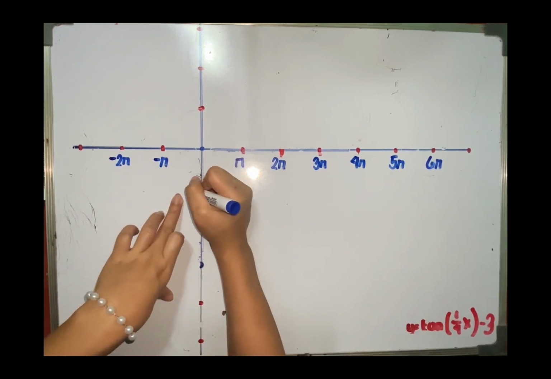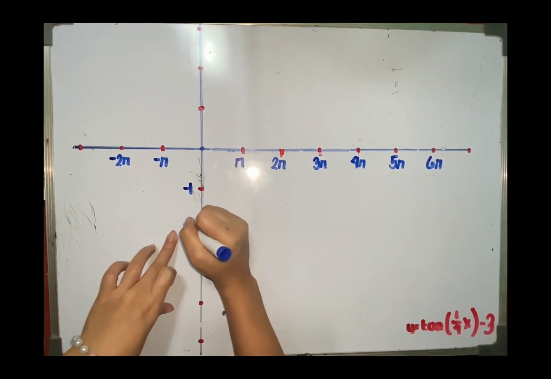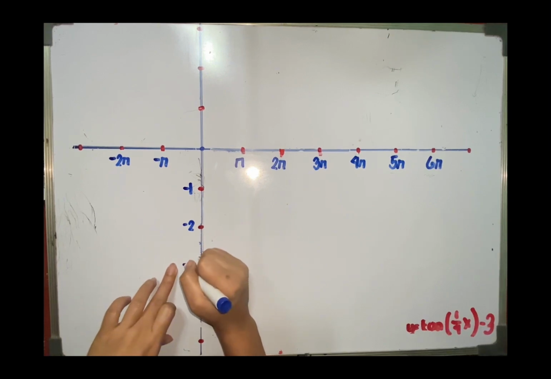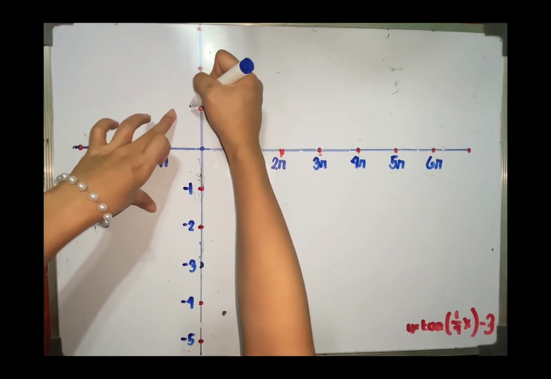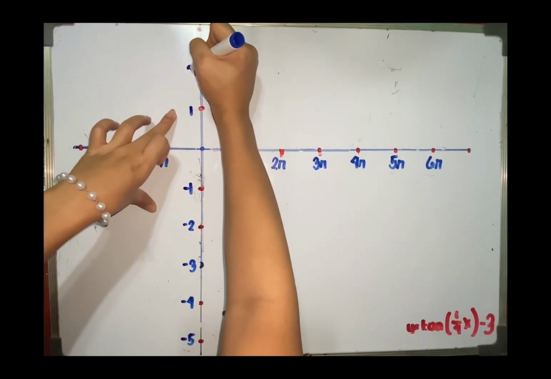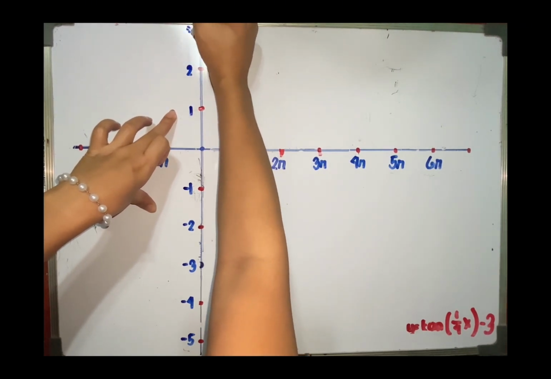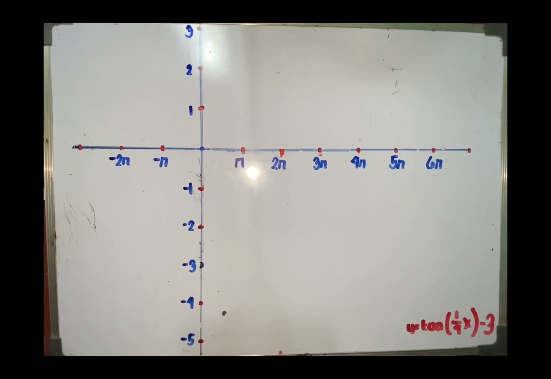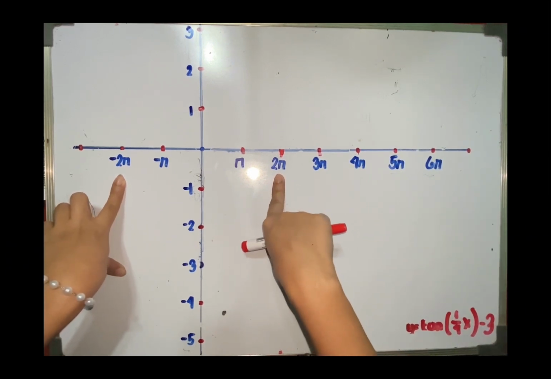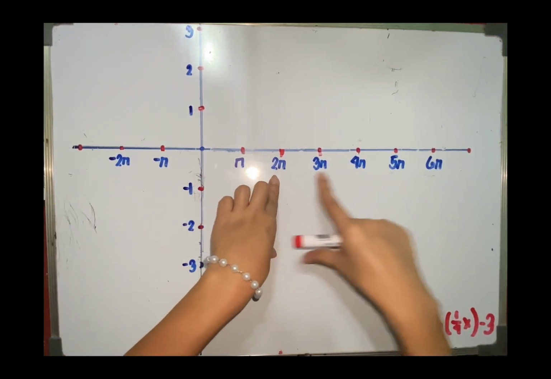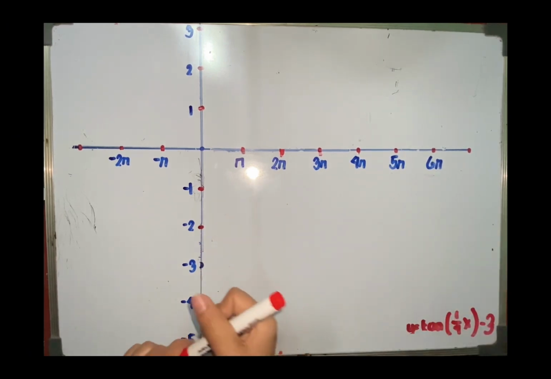And now let's write negative 1, negative 2, negative 3, negative 4, negative 5, then 1, 2, 3, and so on. So here we have to mark our first asymptote, second, and also the third one in order for us to have a guide.